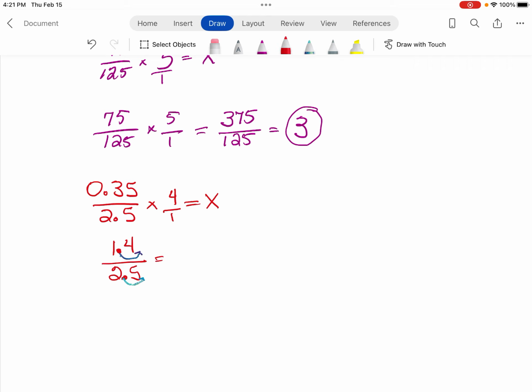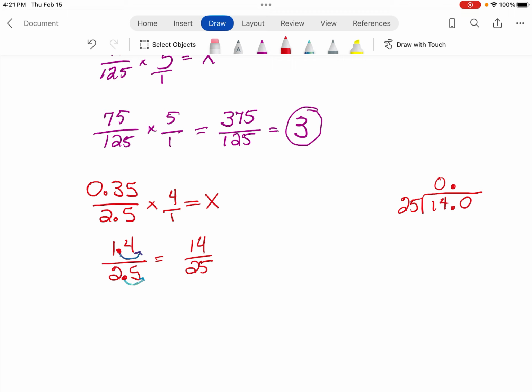That will give me 14 divided by 25. So I'm going to go over here on my scratch paper. 25 doesn't actually go into 14, so I put my decimal at the end of my number and put a 0 up top, and then I'm going to add a 0.